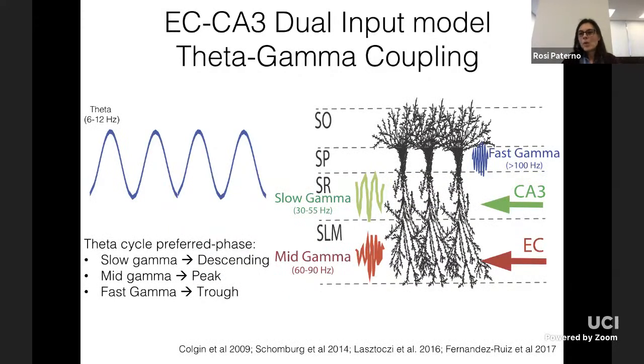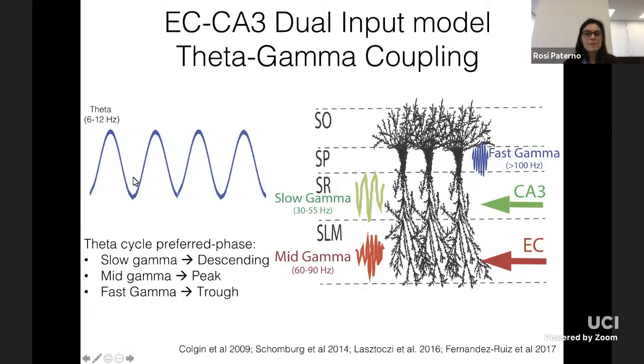The entorhinal cortex hippocampal system is related not only to the rate code, but also to a phase code, which is related to the phase preference of theta and gamma oscillations. In particular, this is a theta rhythm. Theta oscillations are recorded in the hippocampus, and they are the main oscillatory activity in the hippocampus.